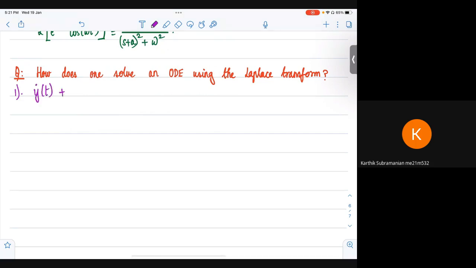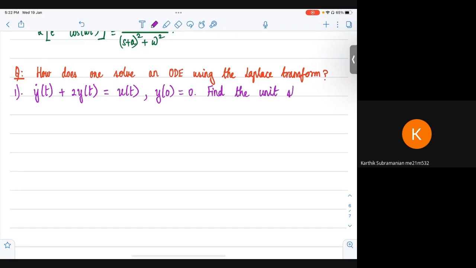Let us consider a first order ordinary differential equation: y dot of t plus 2y of t equals u of t. We have a system where u is the input and y is the output. So the mathematical model of the system is y dot of t plus 2y of t equals u of t, and we are given the initial condition y of 0. We are asked to find the unit step response. That is the problem at hand.